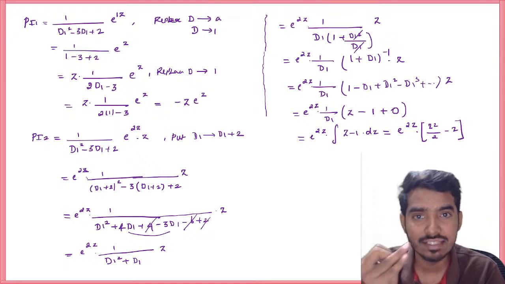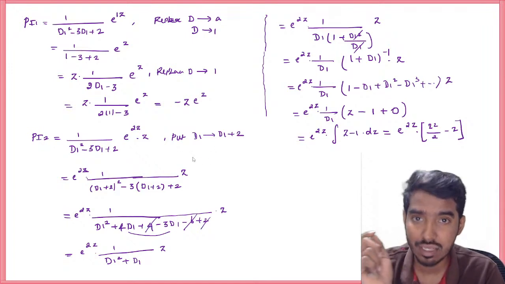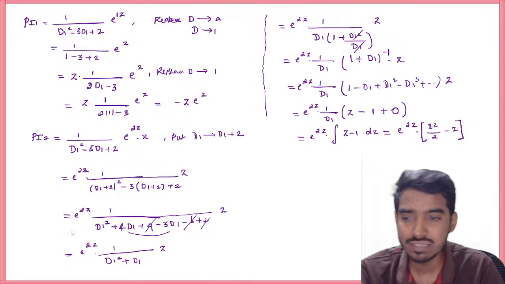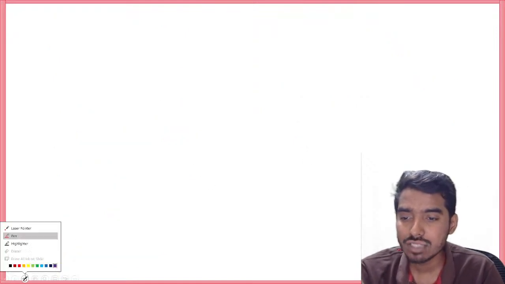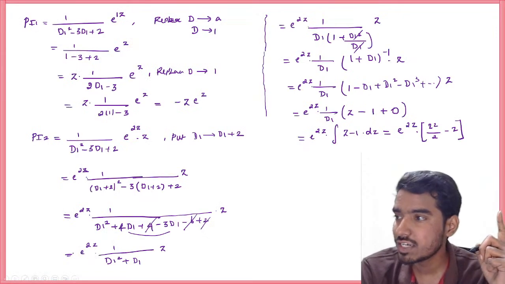Type 2 is sin ax or cos ax. Type 3 is polynomial in x. Type 4 is e power ax into v. That is what I'm doing here. It is very simple. So make sure you have watched all the previous videos, right? Is there any doubt up to now? Very simple, right?